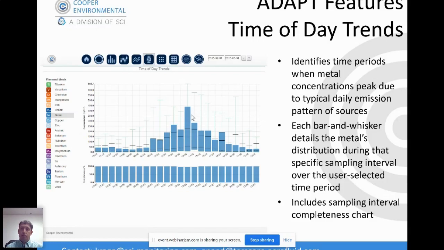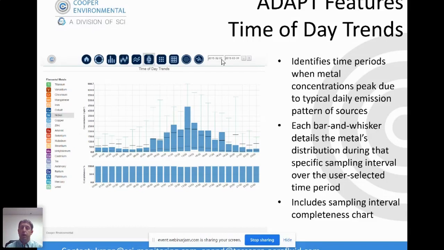In this time of day feature, what you're trying to do is identify time periods where you have high concentrations. Here, nickel is selected, and you have each individual hour of the day from midnight to 11 o'clock over the time period, which can be user selected from a drop-down menu.